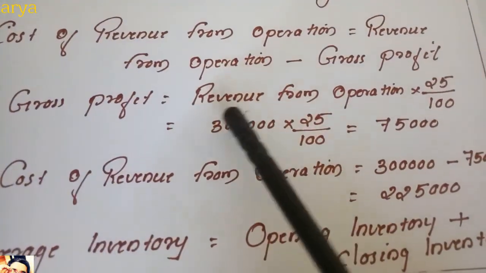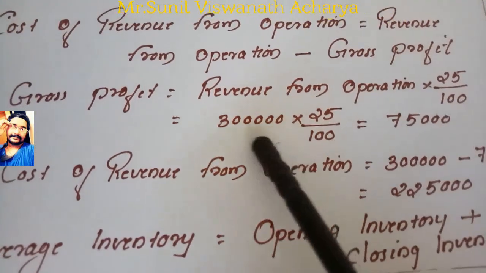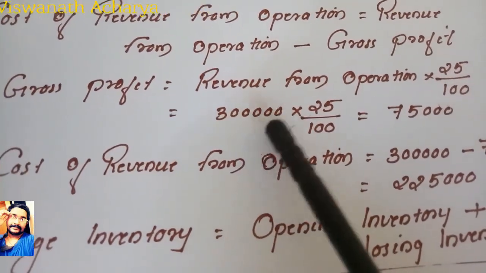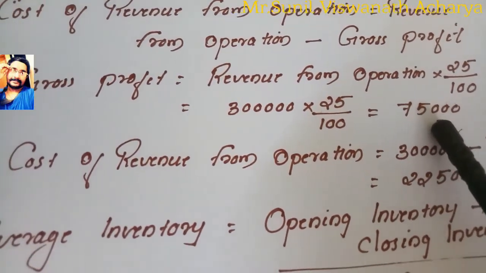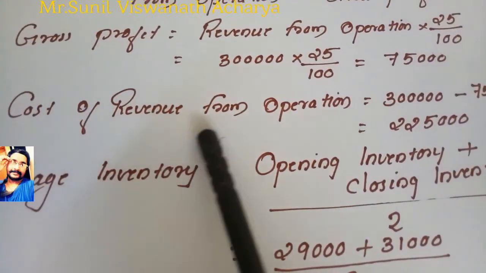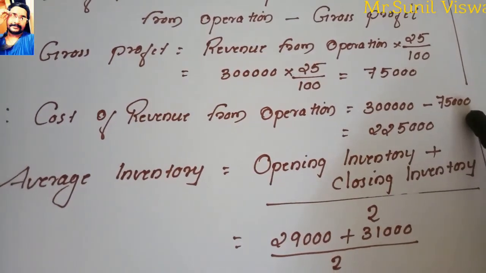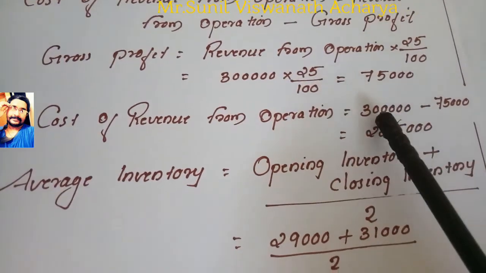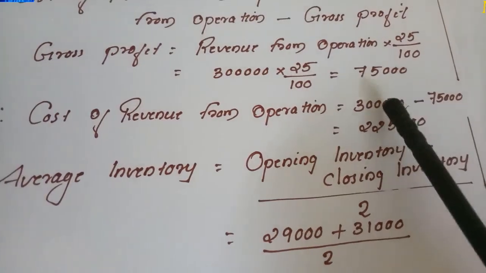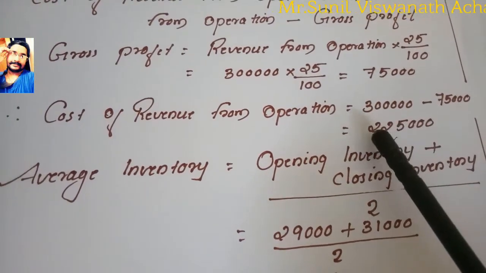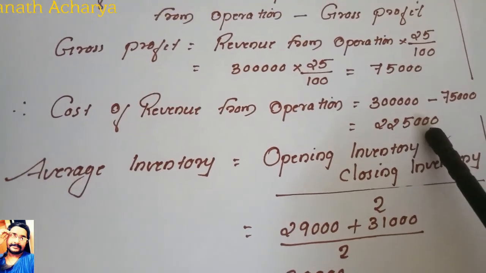Gross profit is revenue from operations into 25 by 100. 3 lakhs into 25 by 100 comes to 75,000, the gross profit. So cost of revenue from operations is equal to revenue from operations minus gross profit. 3 lakhs minus 75,000, we get cost of revenue from operations as 2,25,000.